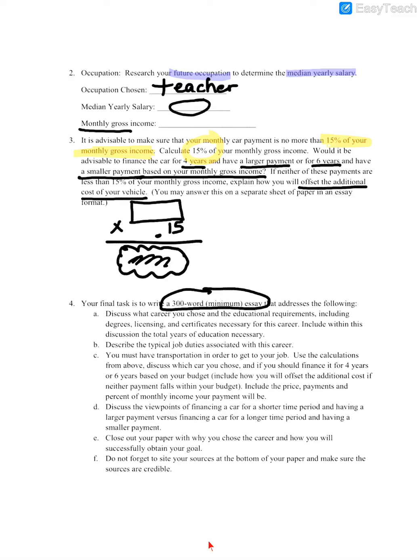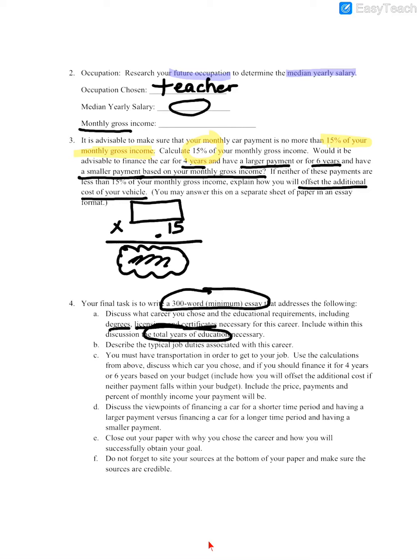A bachelor's degree? Do you need a master's degree or possibly a doctorate? What type of licensing is required? Are there any other certificates? I want you to do some research so that you know where you're headed with that career choice. Within that discussion, tell me the total years of education it's going to require for you.